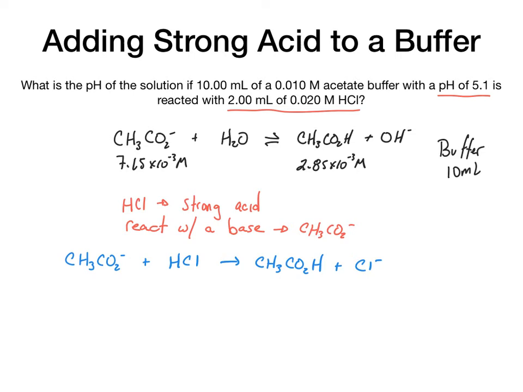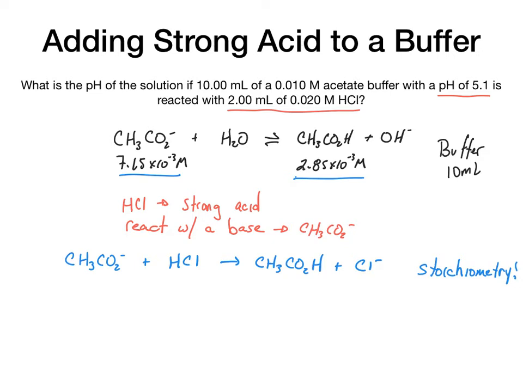When I add HCl, I'm going to shift the amounts of the acetate and the acetic acid, because I'm going to use up some acetate and make some acetic acid. This is a single arrow, so we are going to have to do stoichiometry to figure out what is in solution after this reaction.